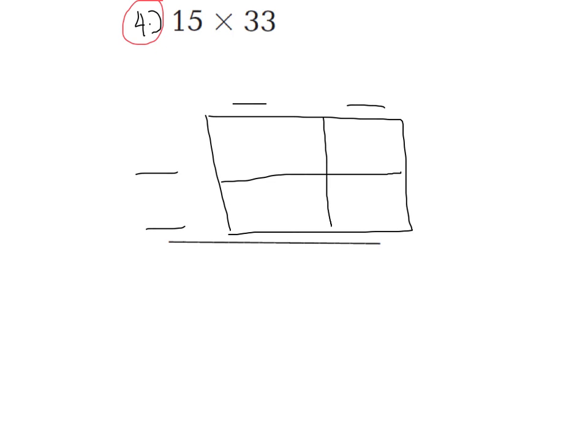I know that I need to break up the 15. If I break up the 15, it is going to be a 10 and a 5. Now, I need to find out what needs to go on the top of my box model. If I break up my second factor, which is the 33, I know that it's going to be 30 and a 3. So I have my numbers that I am going to multiply.